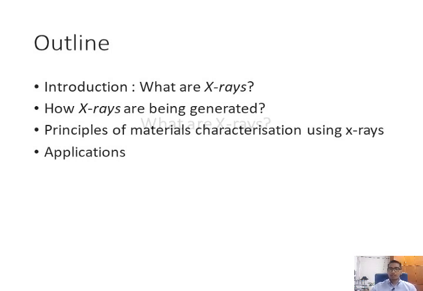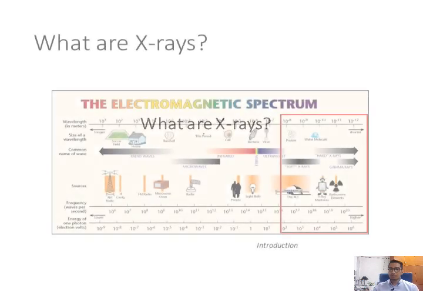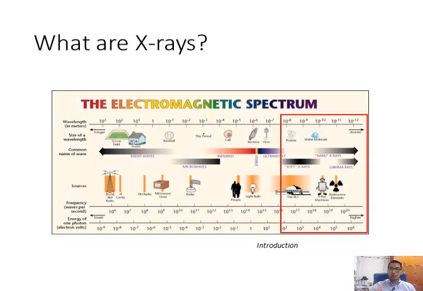So what are X-rays? If you see the electromagnetic spectrum, we see the range of wavelengths from left to right. On the left side, which is 10 to the power of 3, you will have a longer wavelength in meters, and it goes to the right to become shorter wavelength.